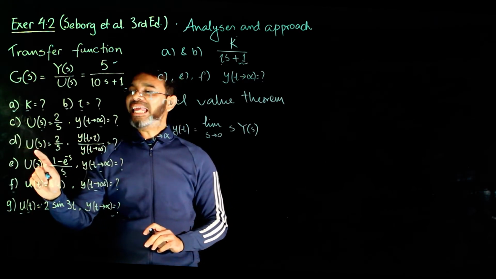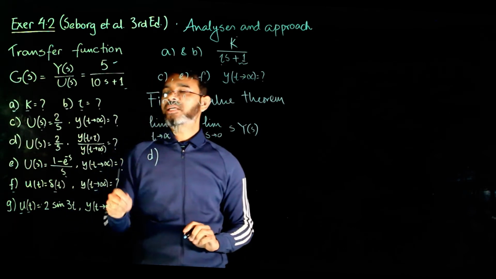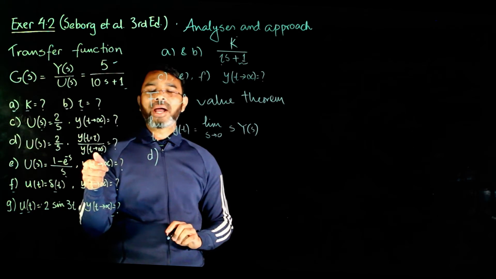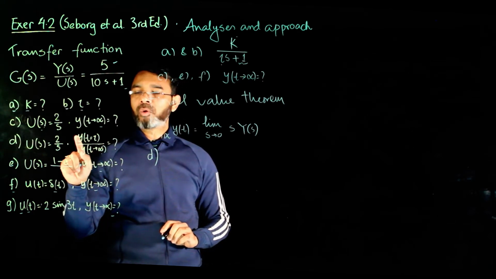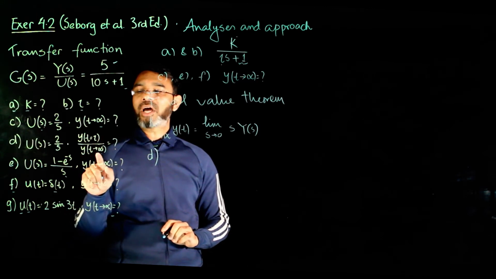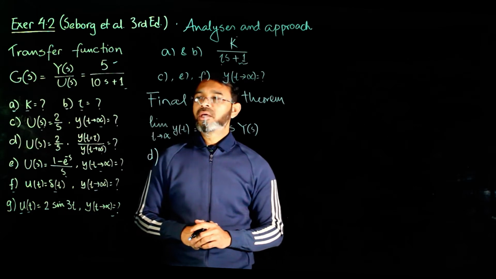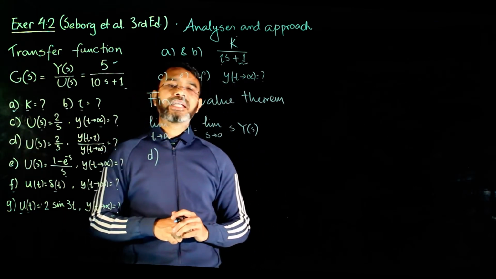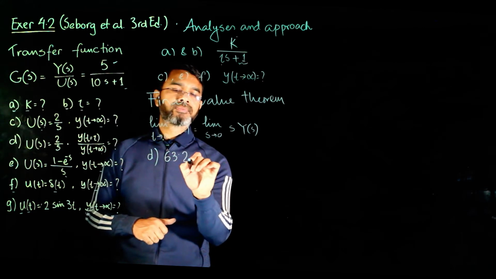Now part D is a special problem where you have to find the ratio of the output when t equals tau to the output when t equals infinity. For this case, you need to go back to the basic definition of the 63.2%.